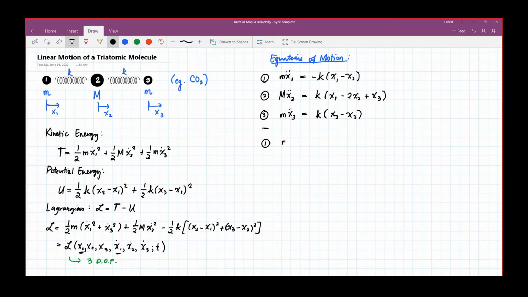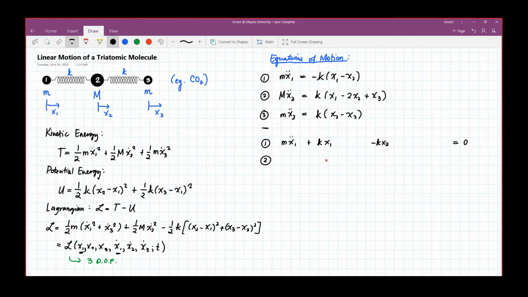The first is m x1 double dot plus k x1, and then minus k x2, and then this is equal to 0.